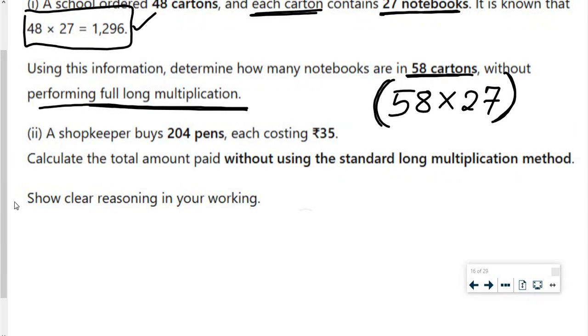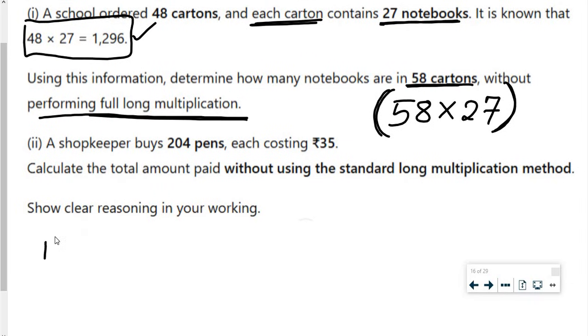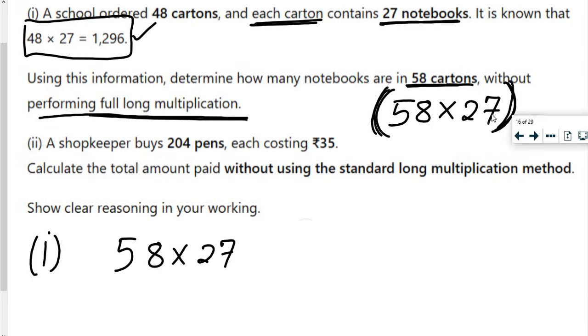So how do we do that? Question number 1. We have to do 58 into 27, but we have this information given, which we'll be looking up: 48 into 27 will equal 1296.